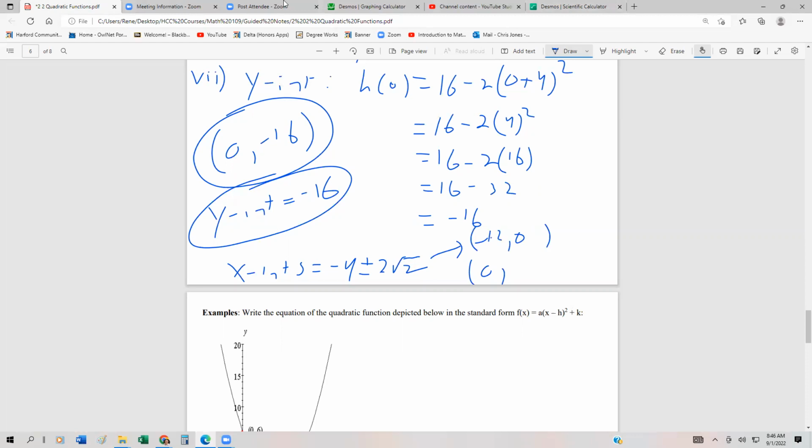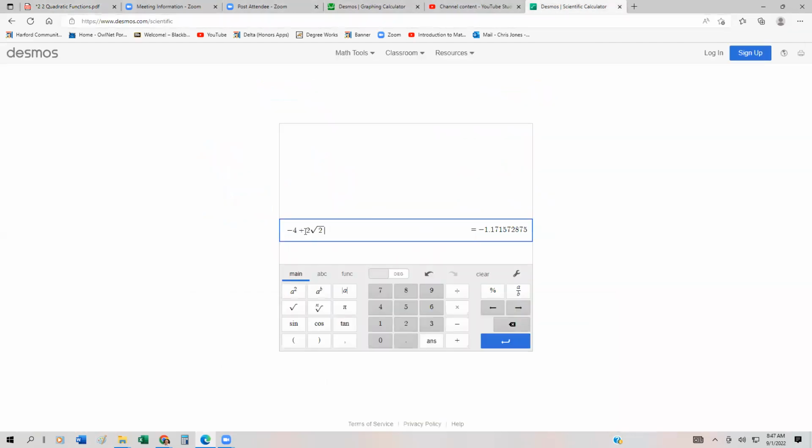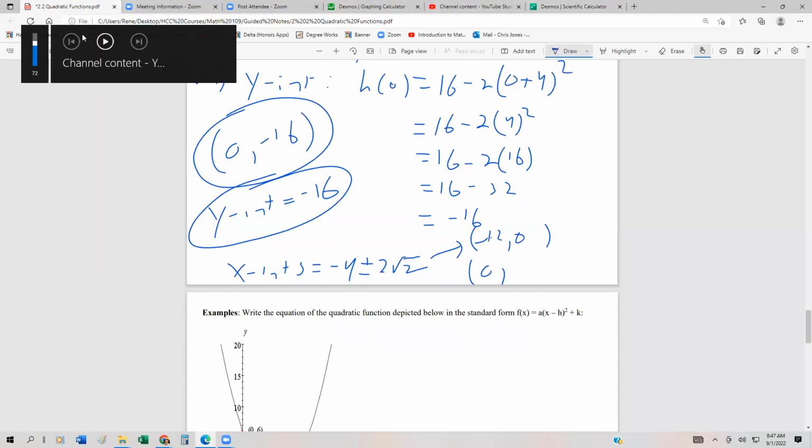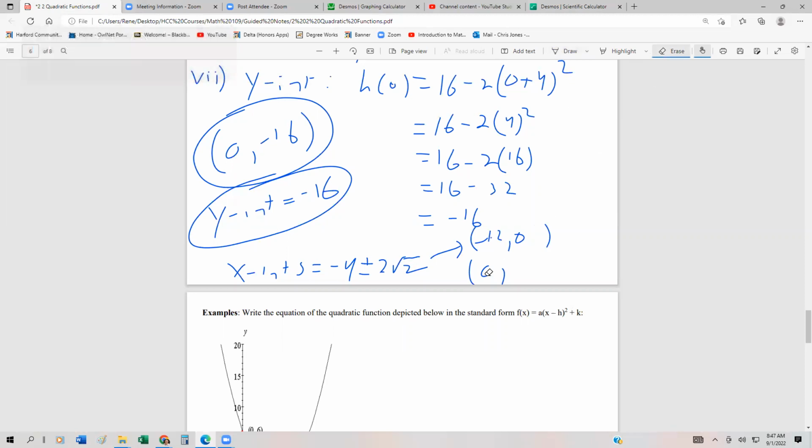And then if we went through and we said -4 minus 2 roots of 2, that would be -6.8. Okay, so if I cross this out, that would be -6.8, 0.